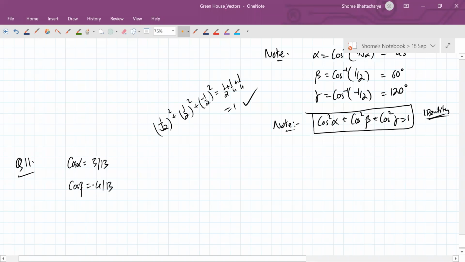Oh, sorry, minus 4 by 13. Okay. And cos gamma is again plus 12 by 13. So one thing is you can check that cos square alpha plus cos square beta plus cos square gamma should be unity. If it's not, then there's something wrong with the values given. But here you can check that that will happen.